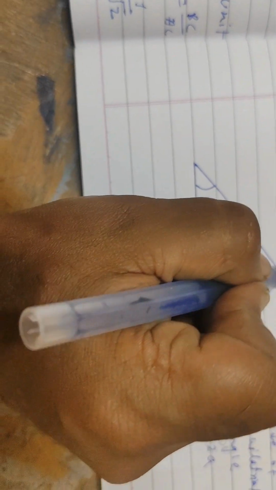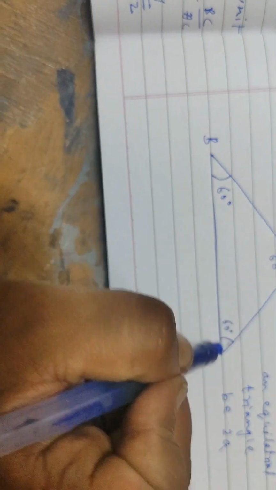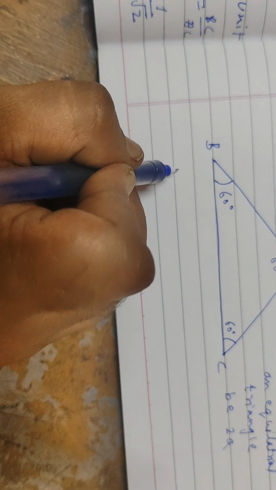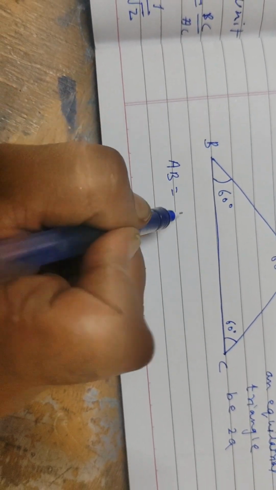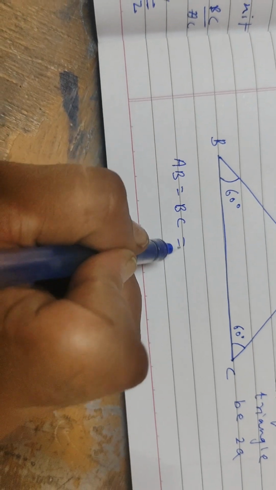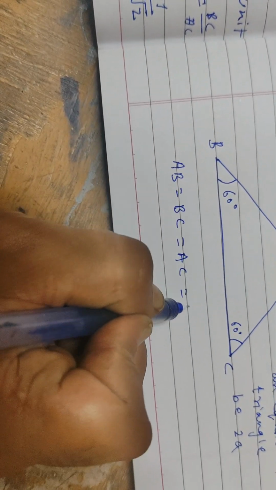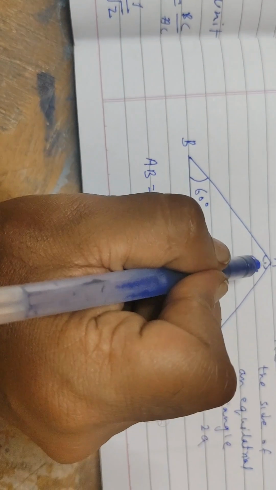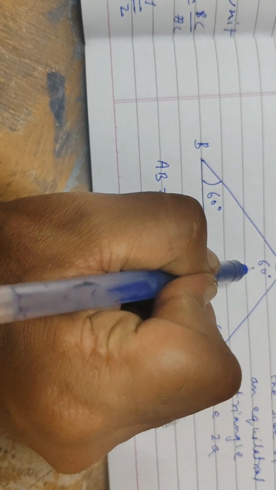So here A, B, C, AB equal to BC equal to AC equal to 2A, and we have divided it in half.